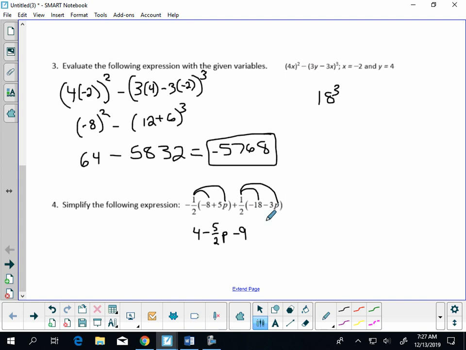And then 1/2 times negative 3p is negative 3 over 2p. Combine your like terms. 4 minus 9 is negative 5. Negative 5 halves minus 3 halves is negative 8 halves. Well, that can be simplified down a little bit more to negative 5 minus 4p.